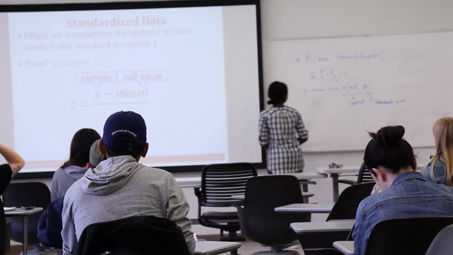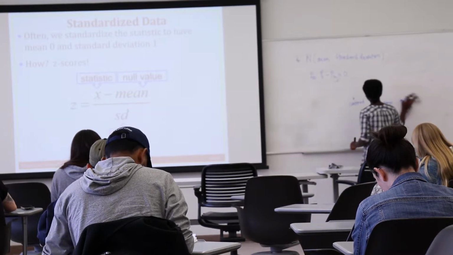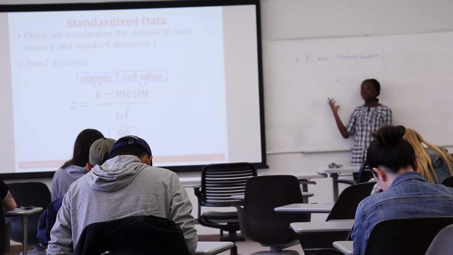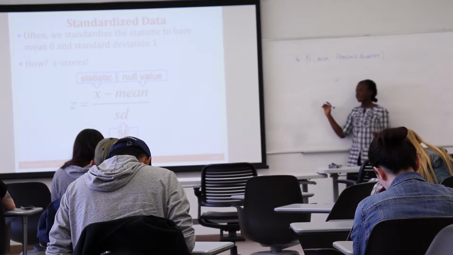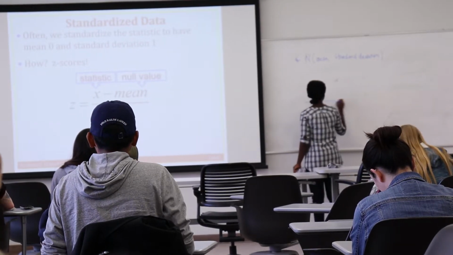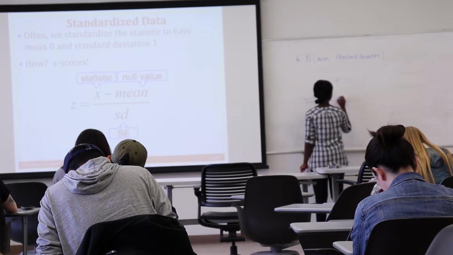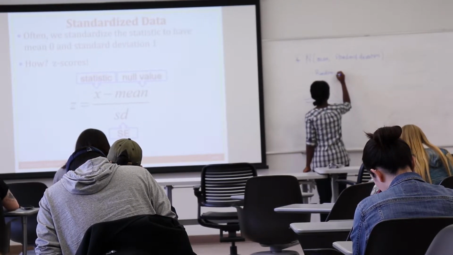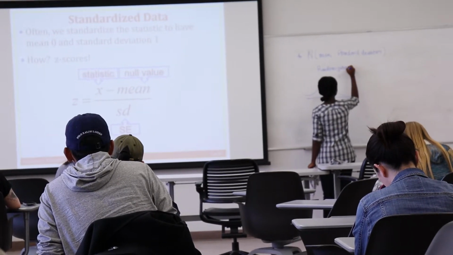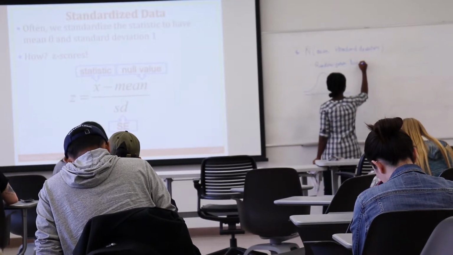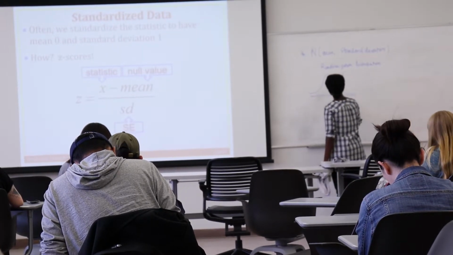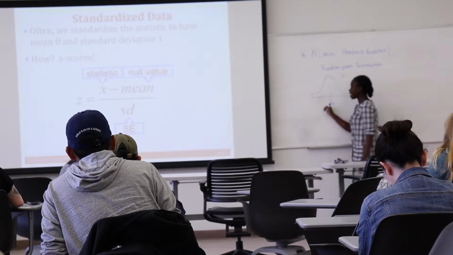When we're finding the p-value from the randomization distribution, we only use the statistic. We had the randomization distribution, and it's centered at the null value, right?